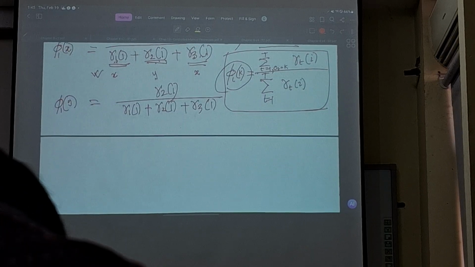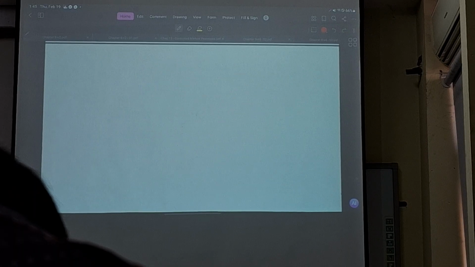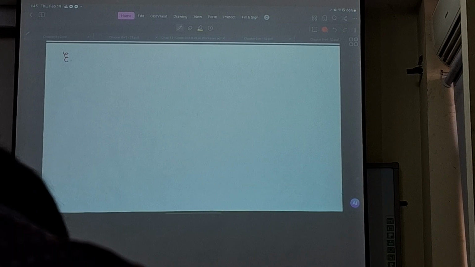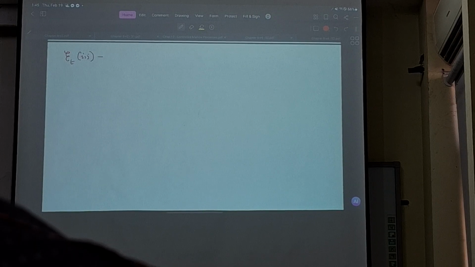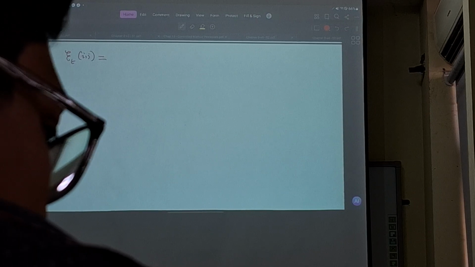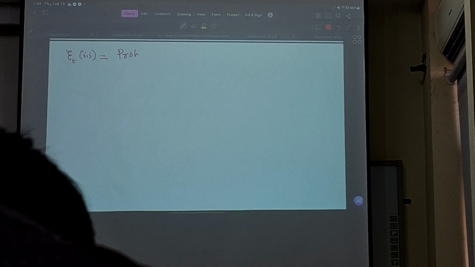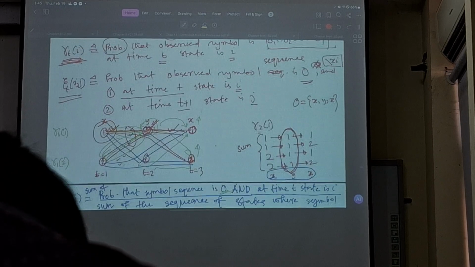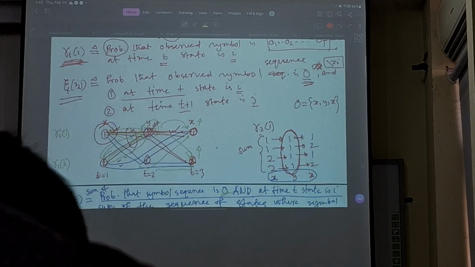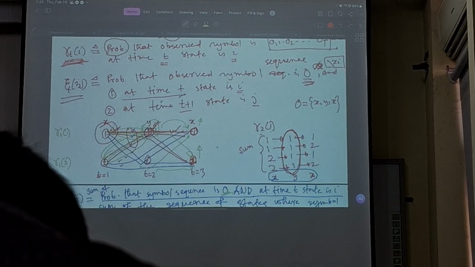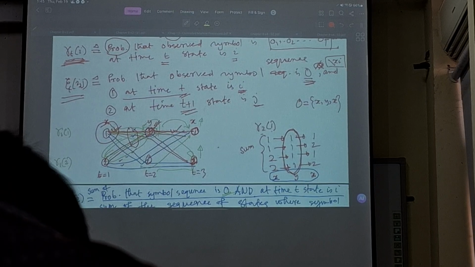So now, if there is no problem, then we move on to the variable chi t i j. What does this variable represent? It represents the probability. Oh, we have written it. The observed symbol sequence is O, and at time t the state is i. At time t plus 1, the state is j.